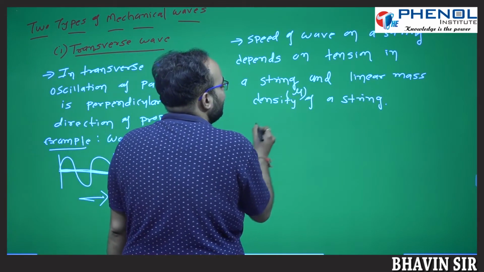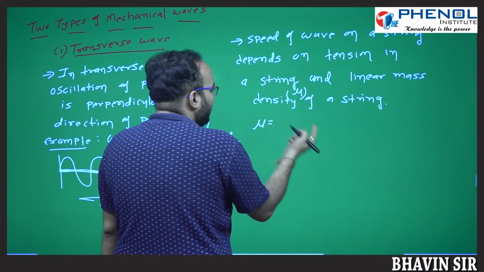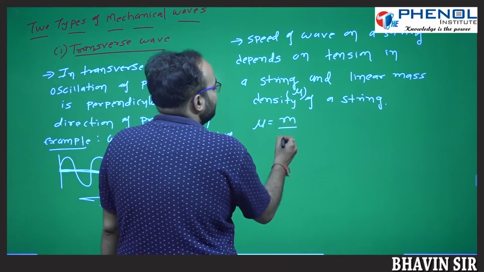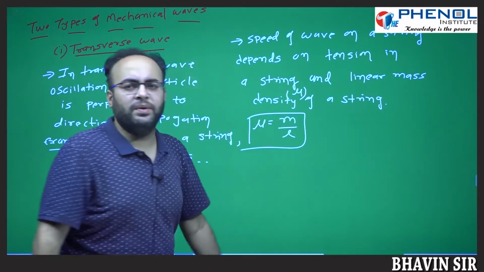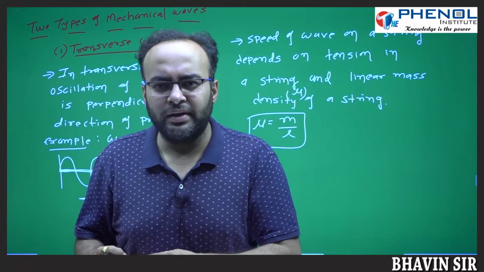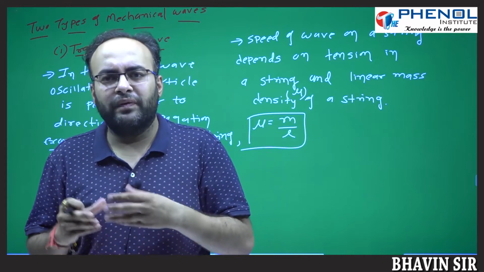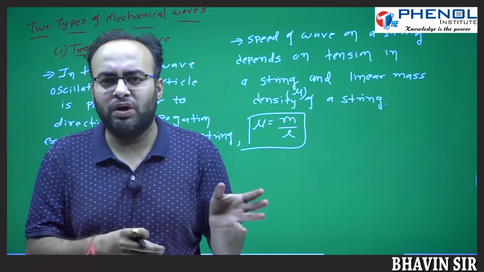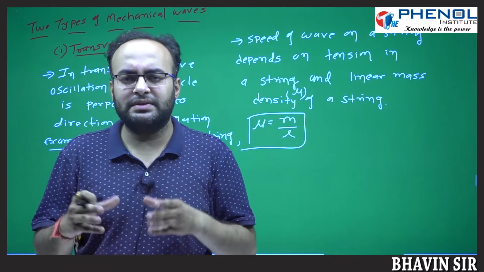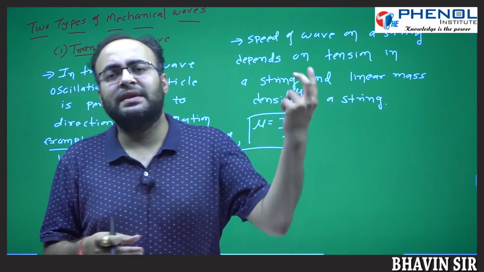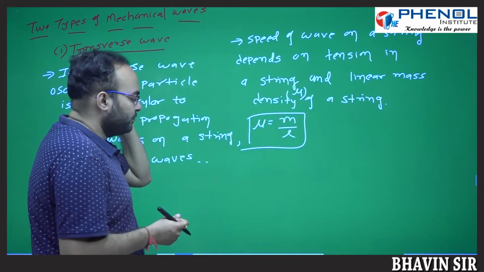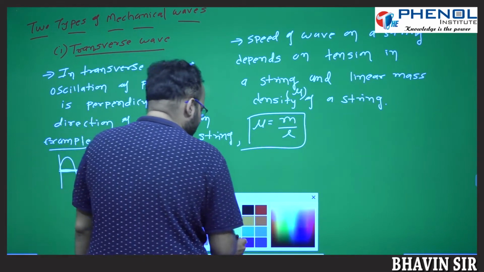Students, linear mass density means mu. What is the meaning of linear mass density? Mass per unit length. So what is the speed formula, students?